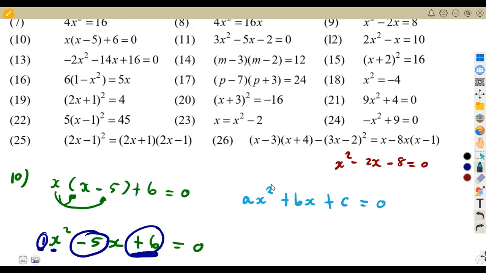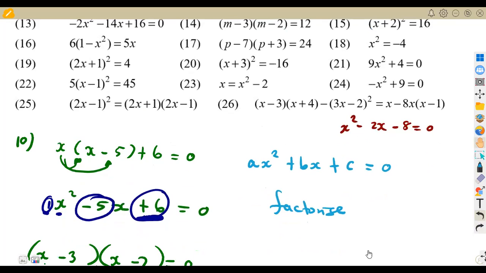Once you have written your equation in this format, then you can factorize and equate each of the brackets to 0, because it simply shows that this is being equal to 0. So once you factorize this part, it means you're going to have two brackets whose product is equal to 0.